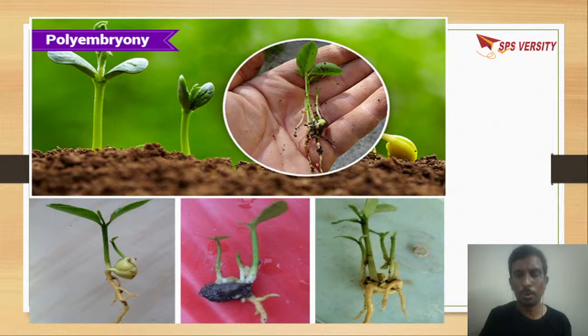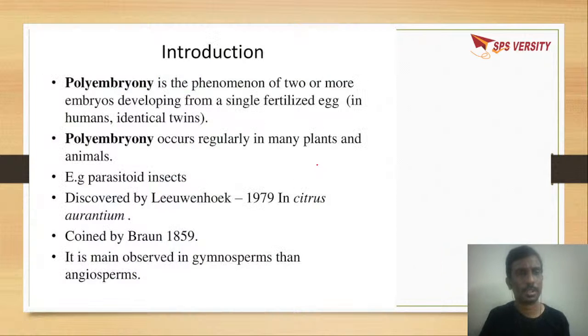And the next one is polyembryony. Polyembryony means formation of more than one embryo. Is it possible in one ovule? How many embryos are formed? Normally only one embryo is formed.